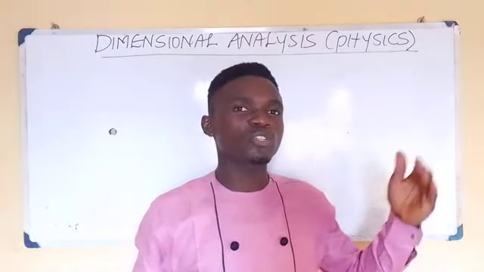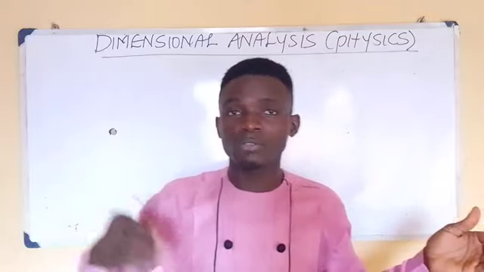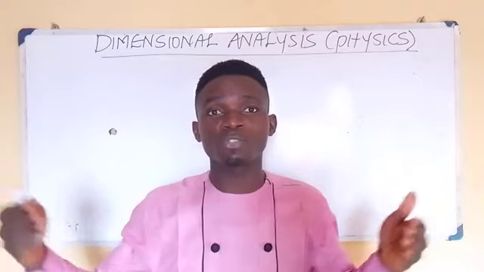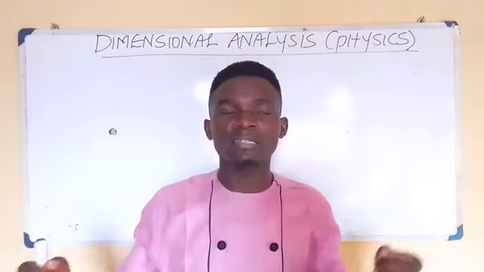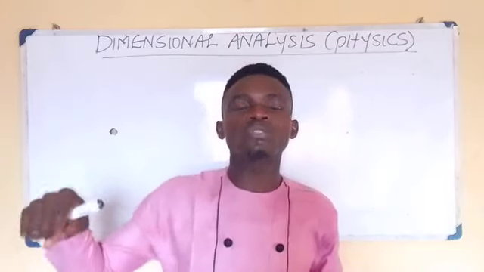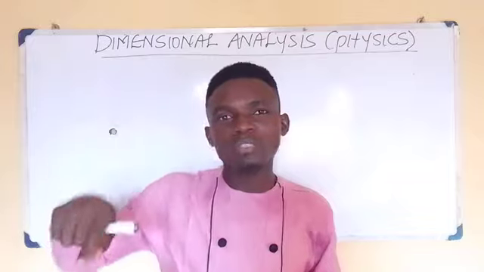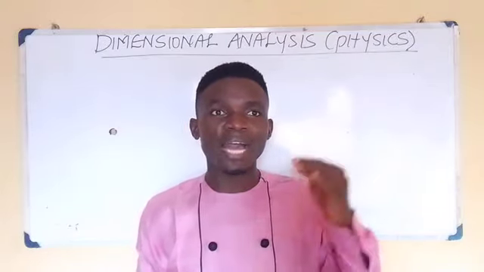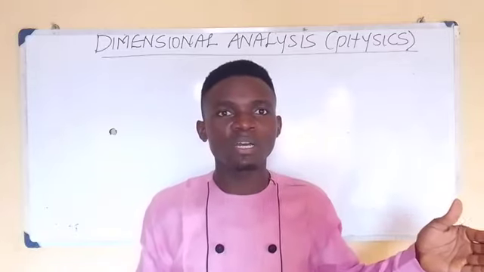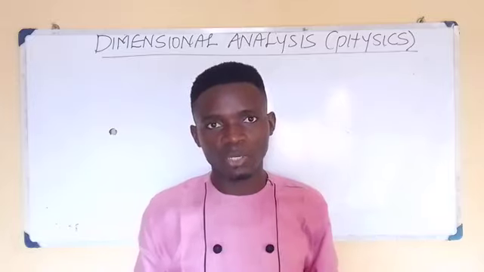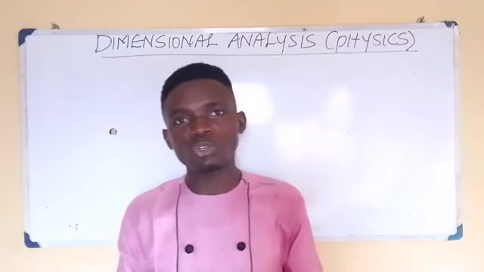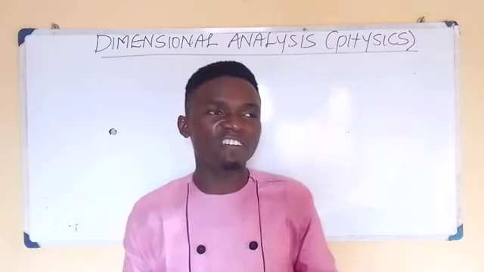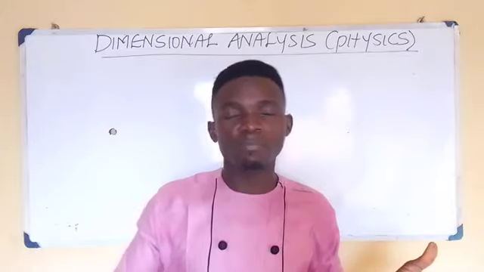But if I'm having LT minus 1 by the left, and LT minus 2 by the right, it means what I've done is wrong. It means that quantity is dimensionally incorrect, because what I had by the left was not the same as what I have by the right. So when a quantity is dimensionally correct, it means that whatever you have by the left, you have the same thing by the right.